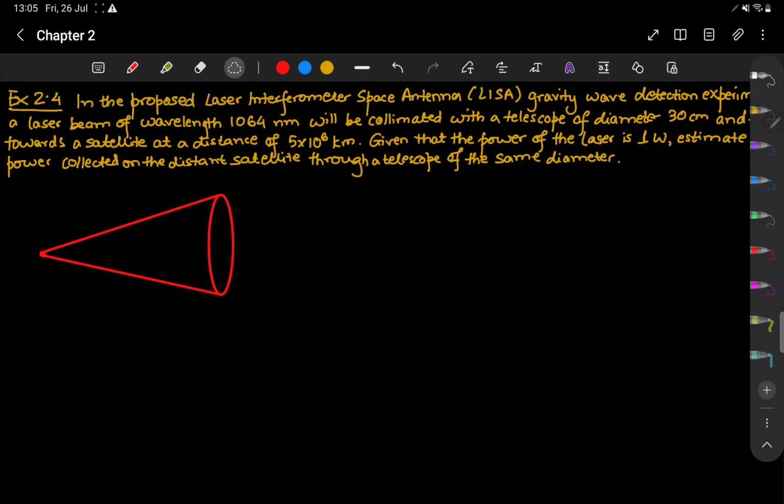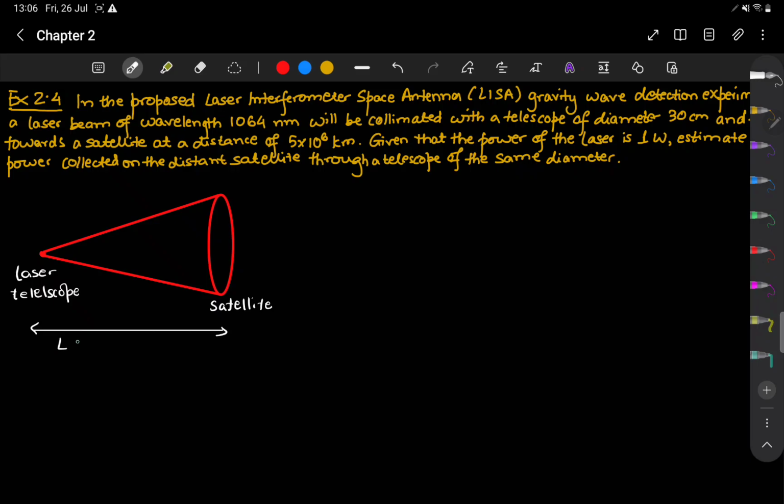So what we have over here is this laser telescope. And then we have the satellite over here. And this distance between the telescope and the satellite is given to us.